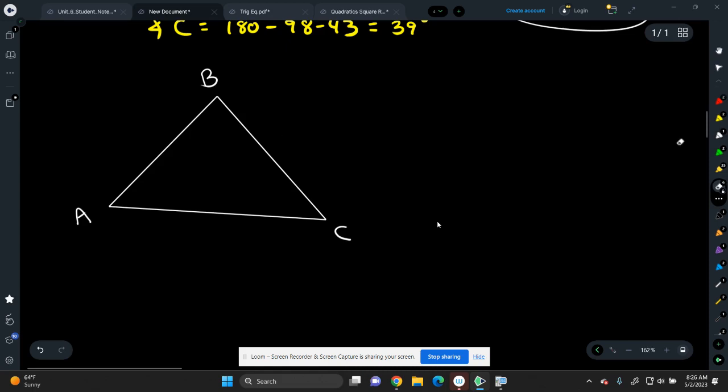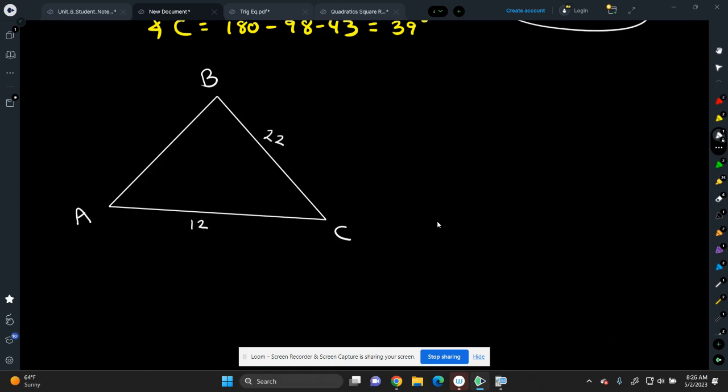Right? Side A is 22 inches. Side B is 12 inches. And angle A is 42 degrees. I want to solve this triangle. Now this one is different.